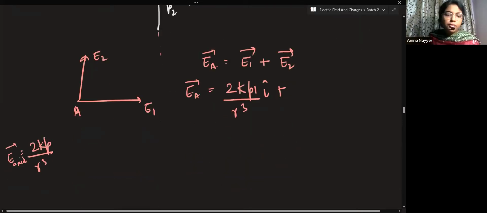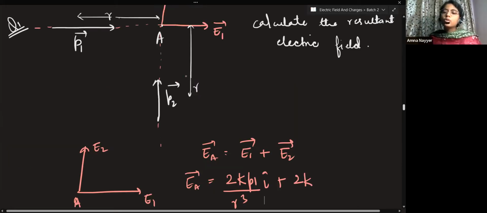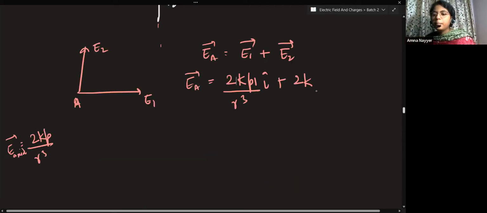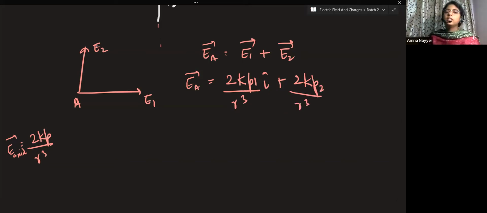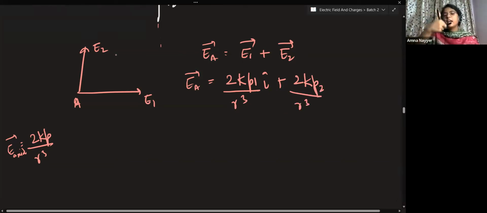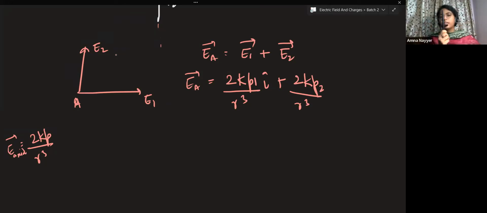See, from the general formula, 2 will come. K is a constant that will come. E2 has been generated because of dipole P2, so P2 will come. So this will be P2 divided by r cube. Regarding the unit vector, it is the positive y-axis because the electric field E2 is directed towards the positive y-axis.